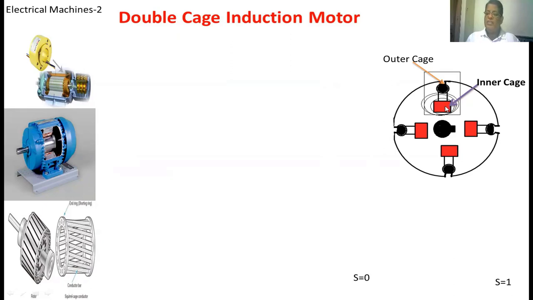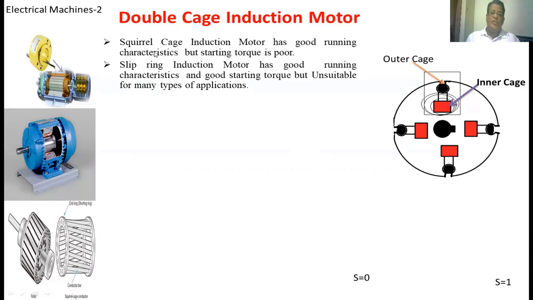From this diagram, we can say very easily that the cross-sectional area of the outer cage is very low, which means it has high resistance and low reactance. The inner cage is designed in such a way that it has low resistance and high inductance. The squirrel cage induction motor has good running characteristics, but starting torque is poor.